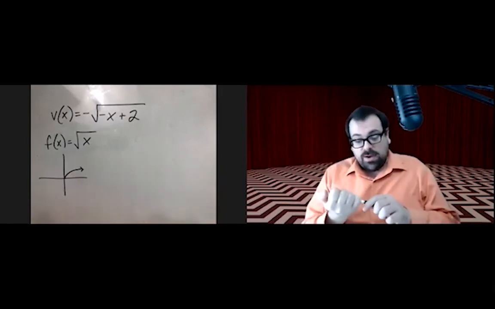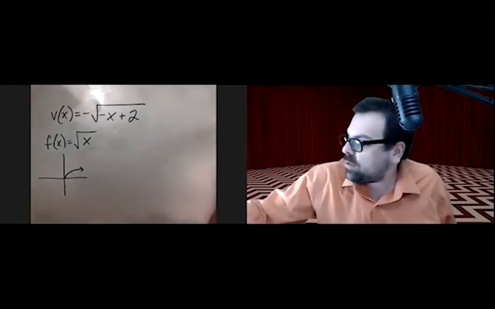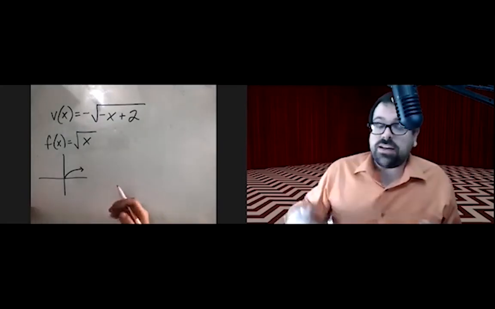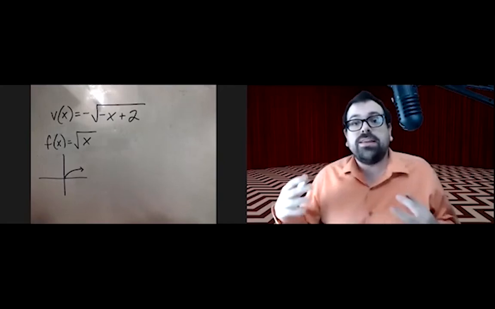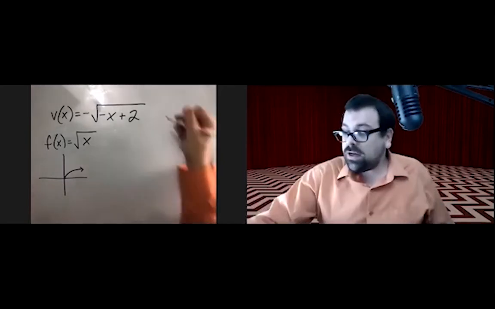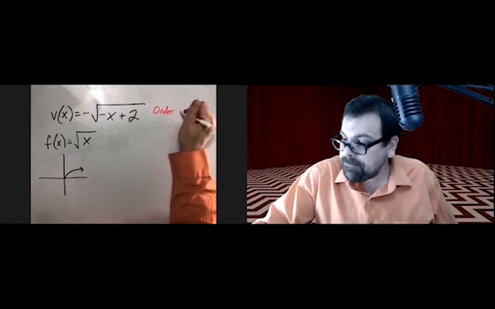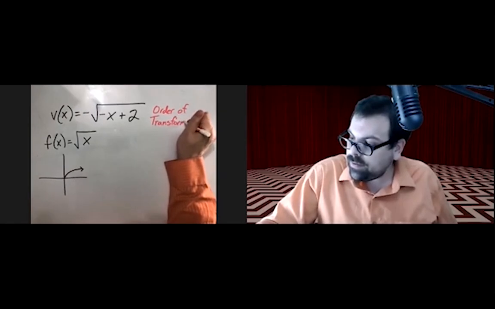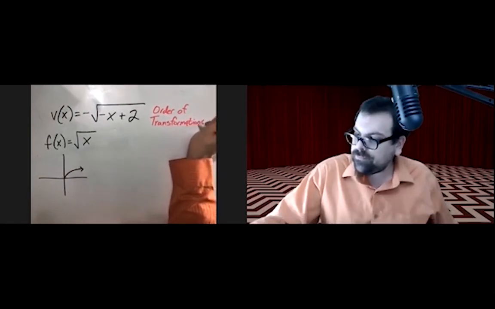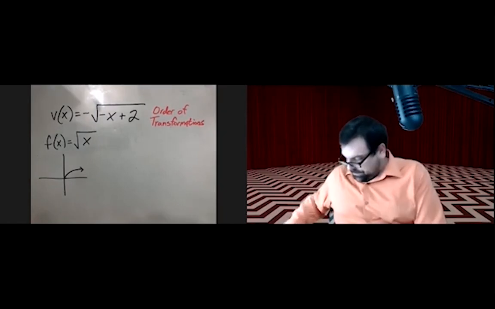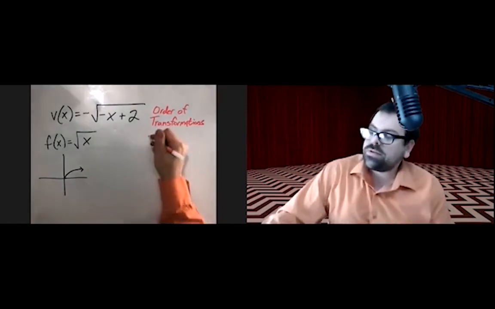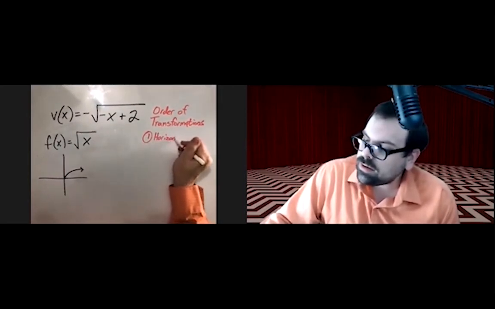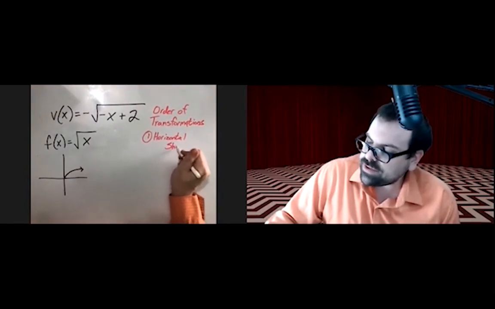It does turn out that just like we have an order of operations, we have an order of transformations. And if we don't follow it, we don't get the right final graph. And we're going to talk about the order of transformations. First, we're always going to take care of our horizontal shift.